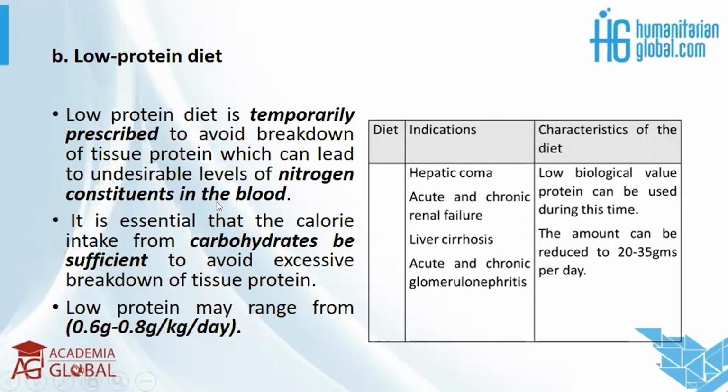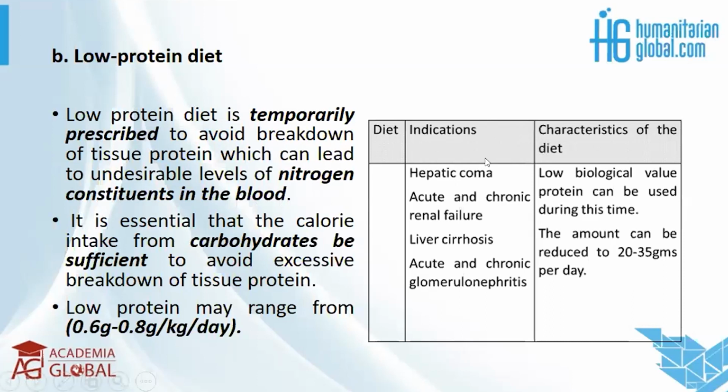When you break down protein which you have already consumed, it produces nitrogenous wastes. Some disease conditions are not able to clear or remove those nitrogenous wastes. So that's why you need a low protein diet, because we don't want those wastes that result from the metabolism of the protein.